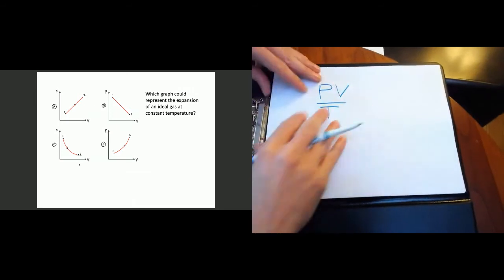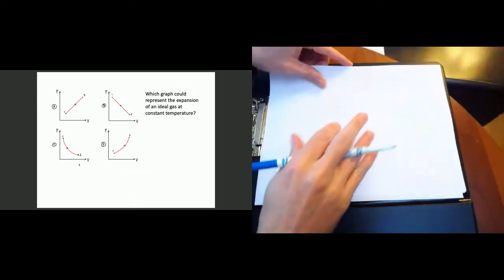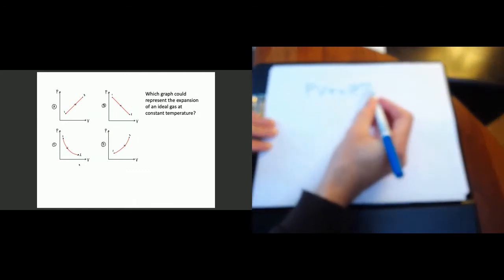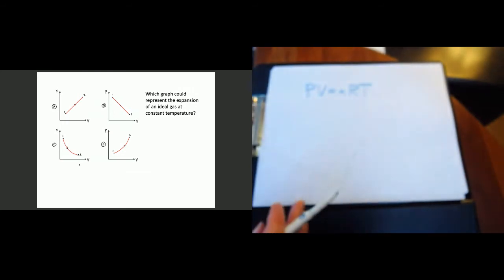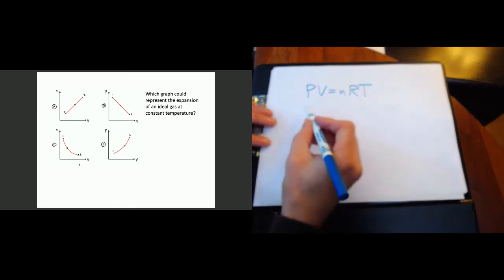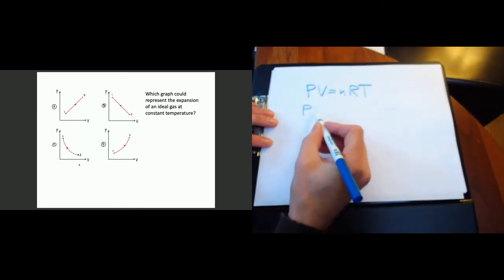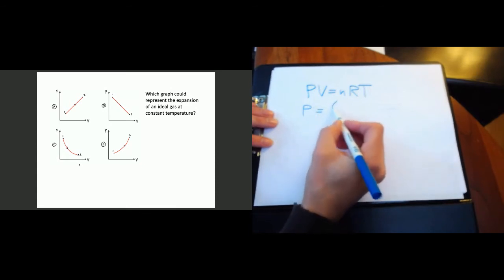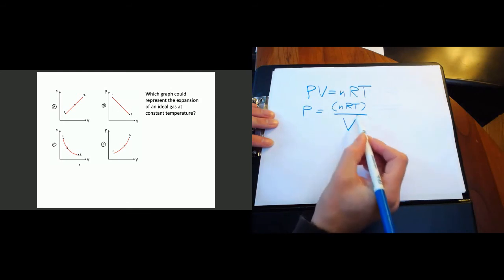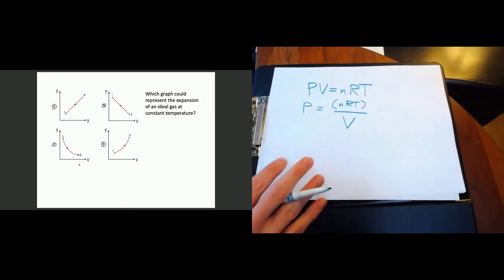Let's start with a regular version of the ideal gas law. PV equals nRT is our ideal gas law. In this case, we have a constant temperature. And so what we could say is that PV equals constant, or P is equal to nRT divided by the volume.